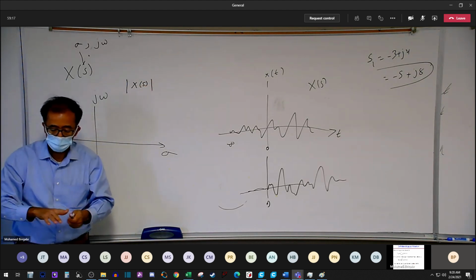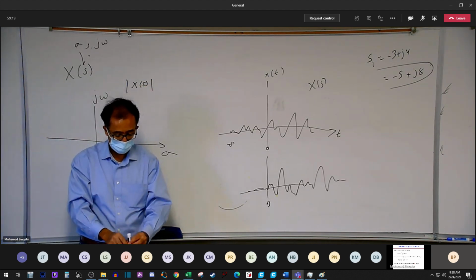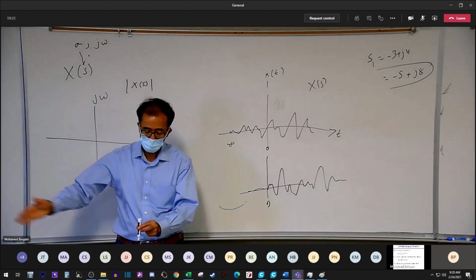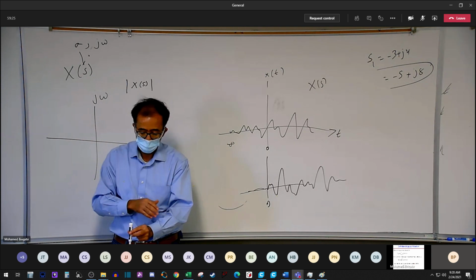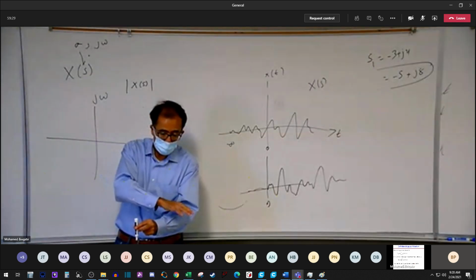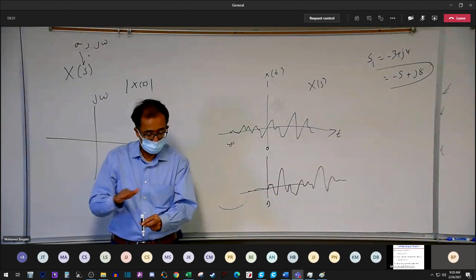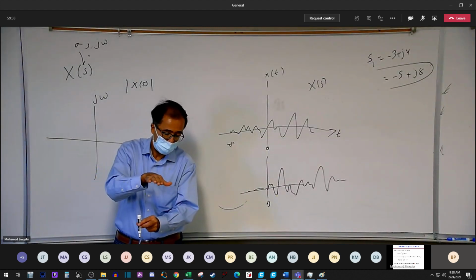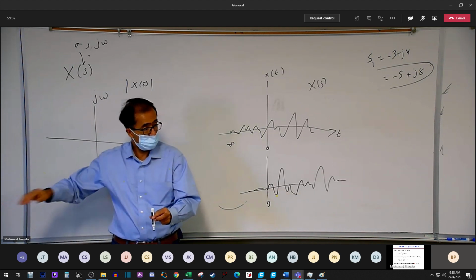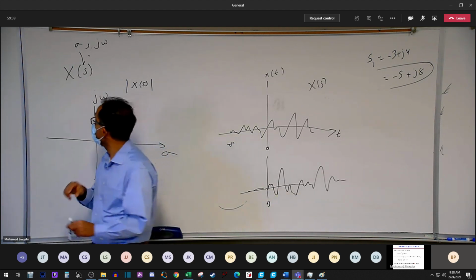Let's say this is the origin, and this is the plane here. This is negative sigma, and this is positive sigma. Now, the magnitude here is going to be a surface. It could be high here, then decay slowly for large sigma, and the same for large negative sigma.